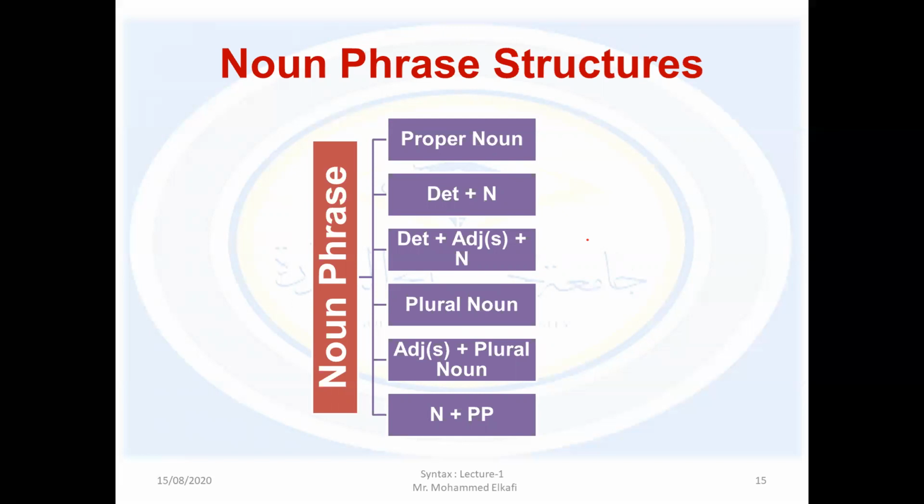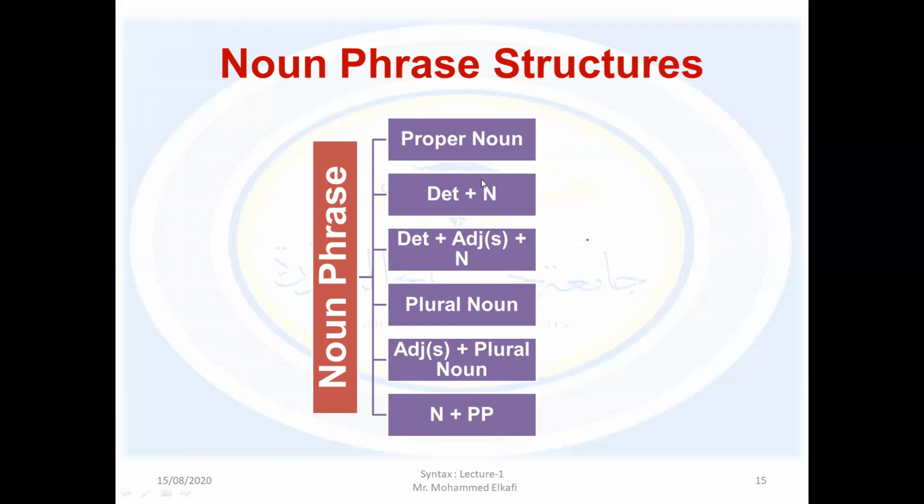Or even a specific name for some place, as Libya, Gulf of Sidra, Bin Jawad. The second structure of the noun phrase is determiner plus noun.